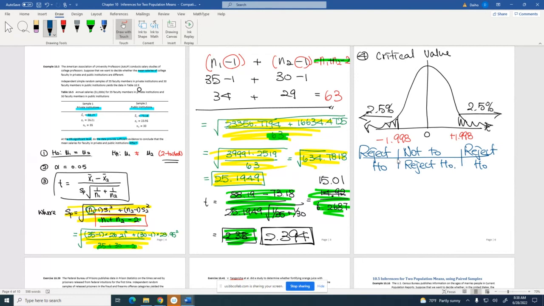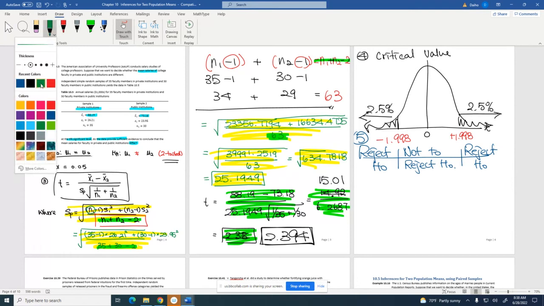Okay, we set up everything forward. Step 5 is make the decision. How much was the test statistic? After a long calculation to get Sp and t, 2.394. Where is the test statistic?